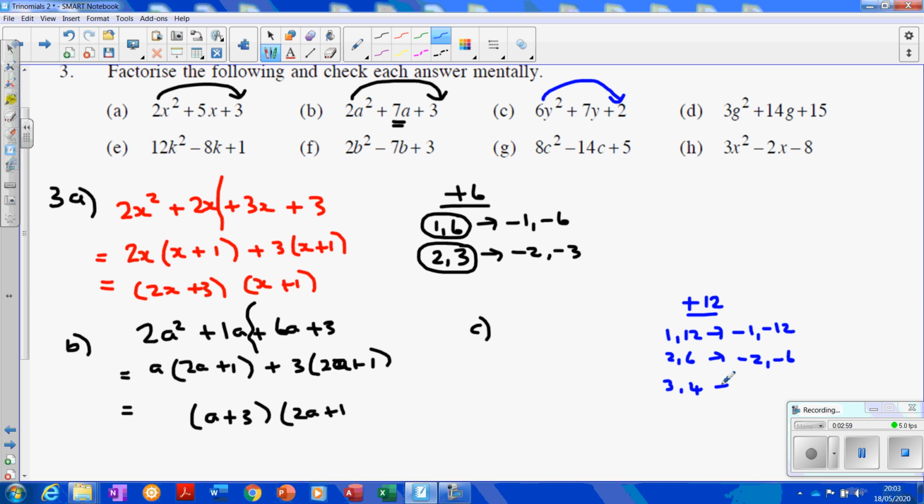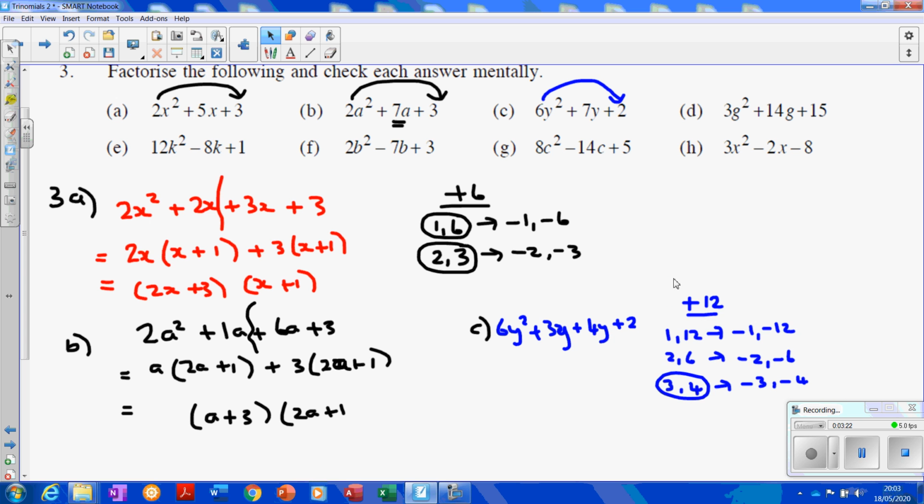Okay, and we are looking for a middle term of plus 7, so that will come from 3 and 4. So the 6y squared stays as it is, and the 7y becomes plus 3y plus 4y, and we've got a plus 2 stuck at the end.